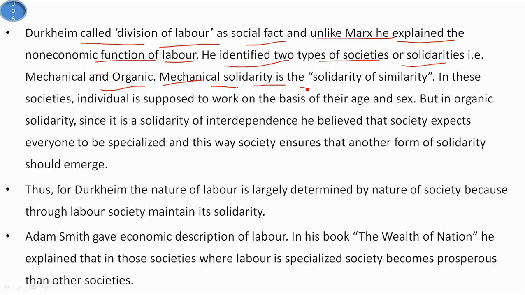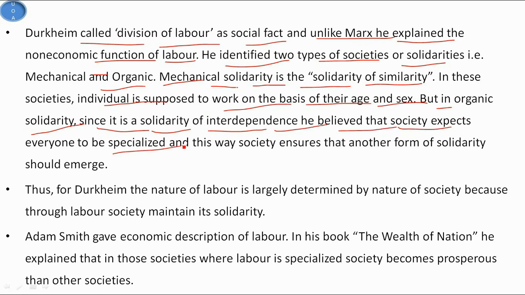Mechanical solidarity is the solidarity of similarities, and in these societies individuals are supposed to work on the basis of their age and sex. But in organic solidarity the society is complex, and since it is a solidarity of interdependence, he believed that society expects everyone to be specialized, and this way interdependence ensures another form of solidarity emerges, that is organic solidarity.